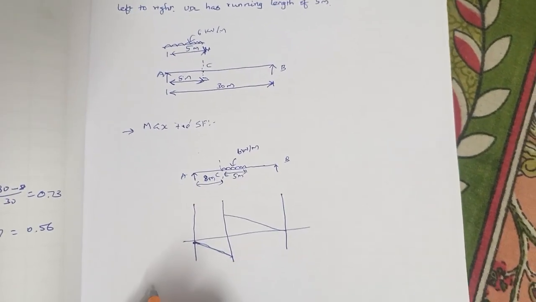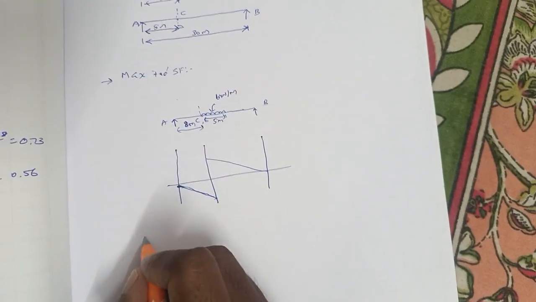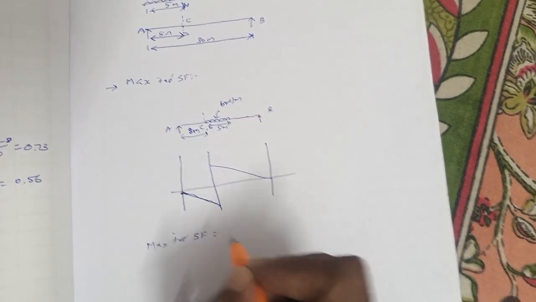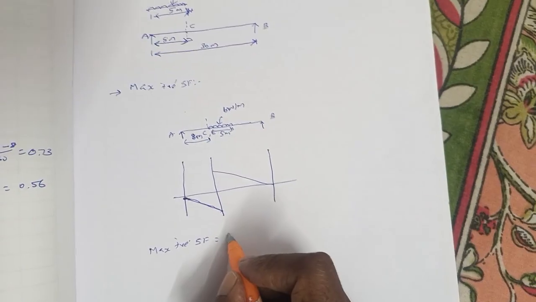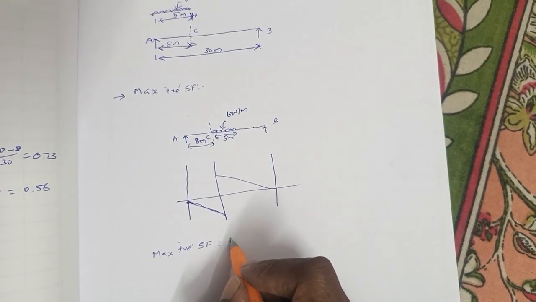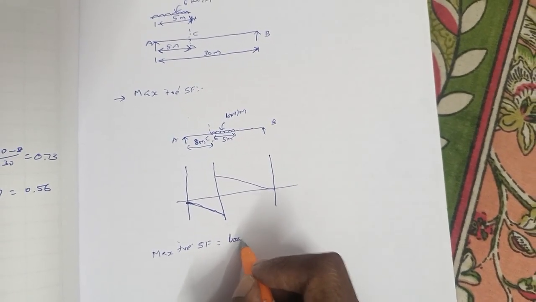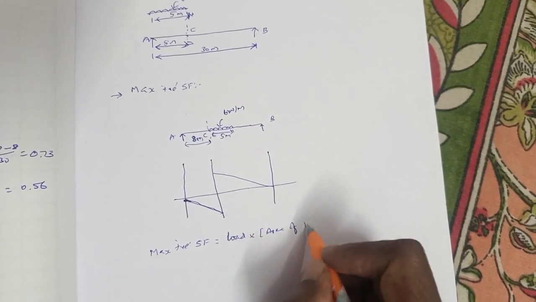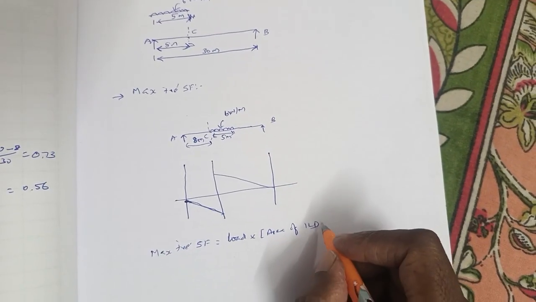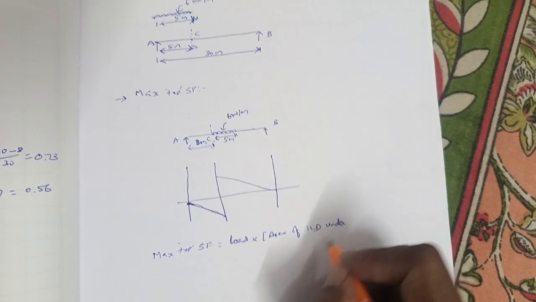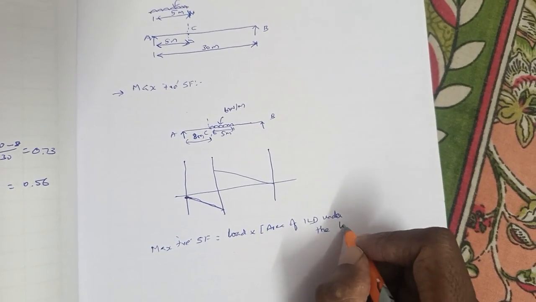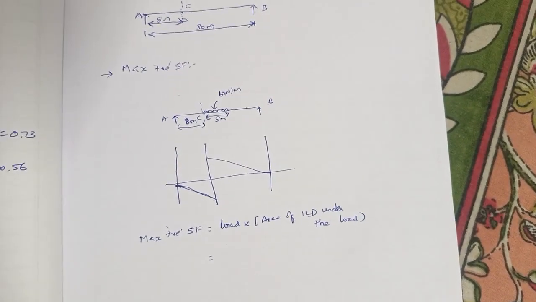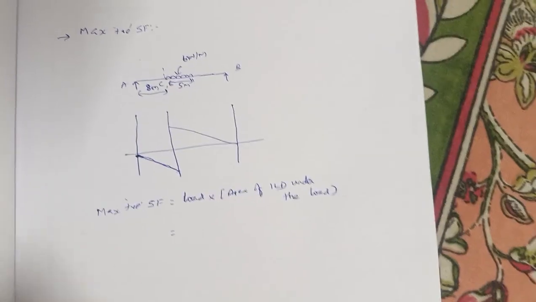The maximum positive shear force is found by using the magnitude of the UDL, that is the load, into the area of the ILD, influence line diagram, under the load. So this is the condition to find the maximum positive shear force.